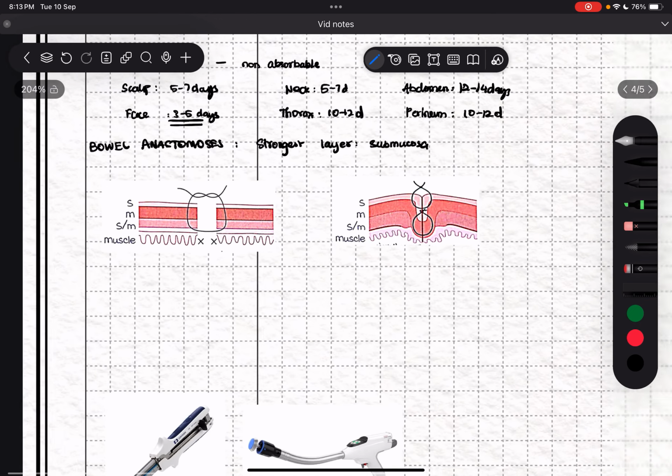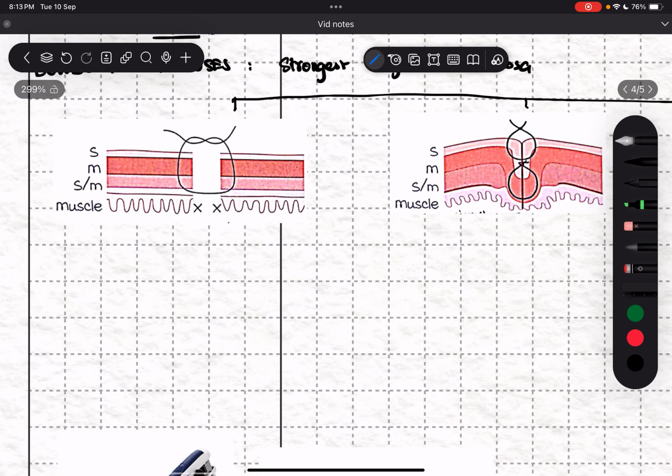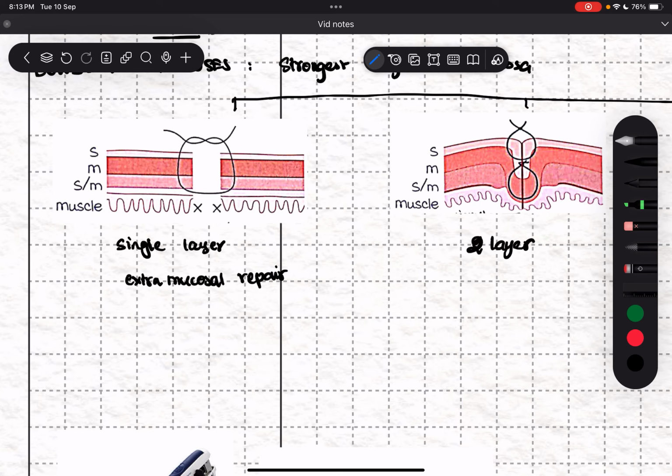Any technique we use, we get the same result. This is a single layer extramucosal repair. Look that it is involving a single layer. Here it is involving a double layer. Single layer and extramucosal, because mucosa is not involved.